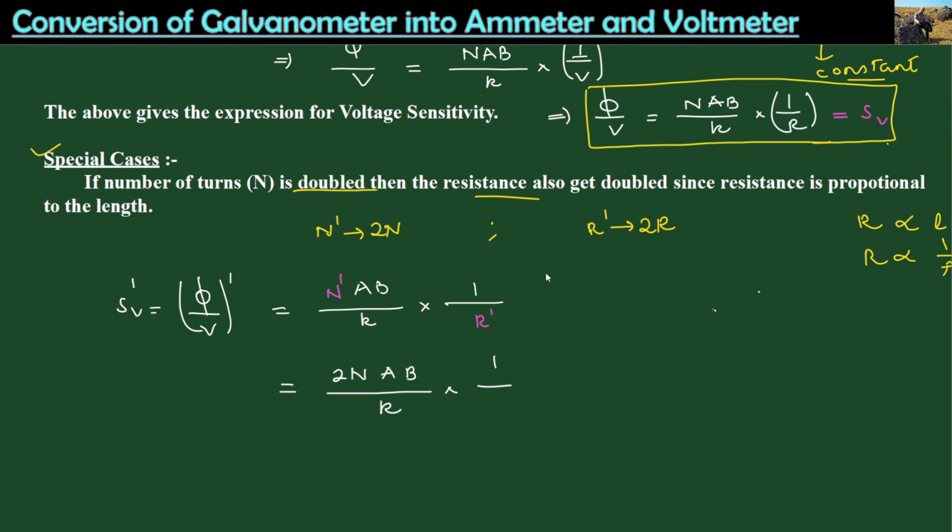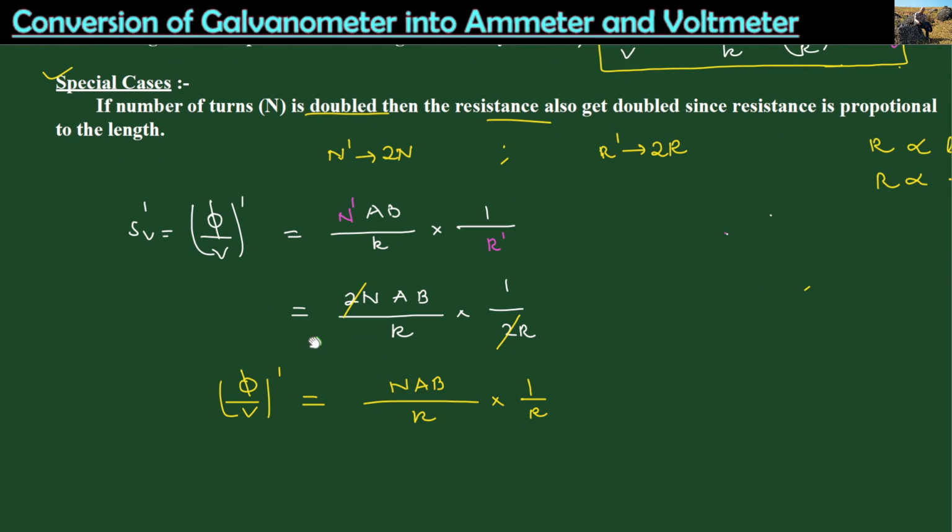R dash, the new resistance, will be equal to twice R. So the coefficients 2 and 2 will cancel, which gives us the result NAB divided by K into 1 by R. So this will be phi divided by V dash, which is your new sensitivity SV dash.